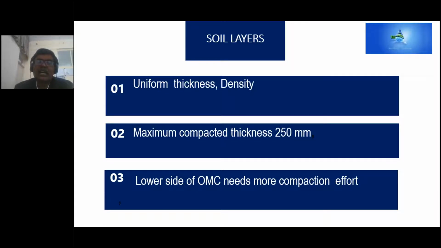That is one intention. If the density is not uniform for this foundation layer, subgrade layer, then the behavior will be different, and that leads to different performances. So if the thickness is not maintained uniform, we do not get uniform density.